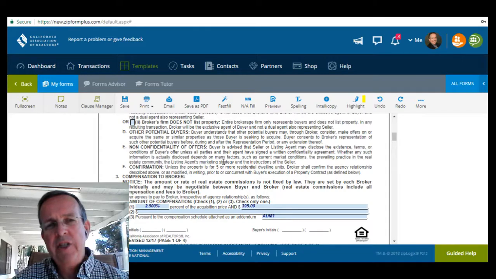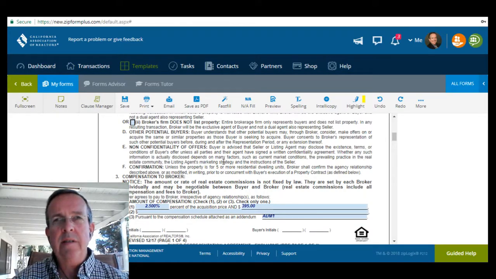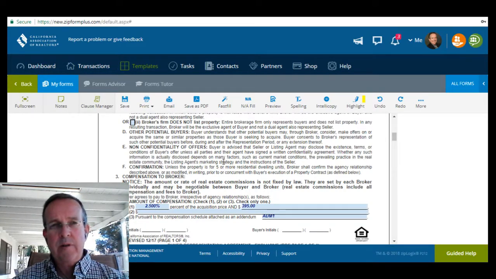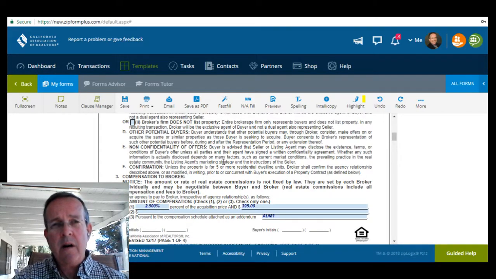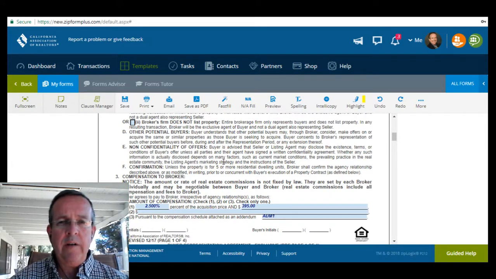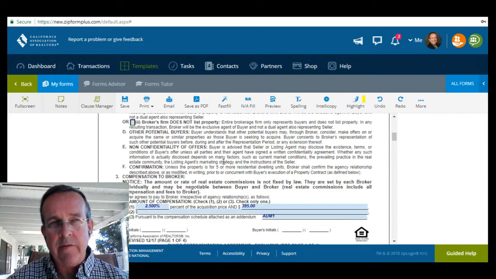Non-confidentiality of offers. This is saying that, Mr. and Mrs. Buyer, just be aware that once we submit an offer over to the listing agent, he can use that information basically however much he wants, unless we give them a written confidentiality agreement saying that he can't do it.